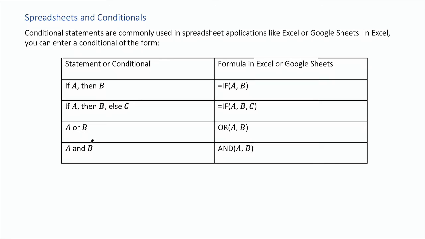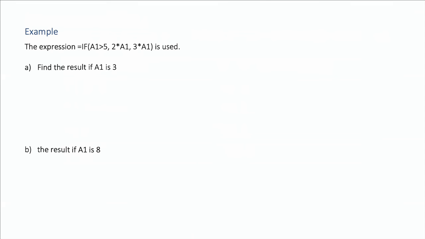Then, of course, we've got our basic compound statements. A or B is written with OR and then in parentheses A comma B. And the A and B statement is written as AND and then in parentheses A comma B. So let's look at an example. The cells, or little boxes, in a spreadsheet are written with a column letter and a row number.